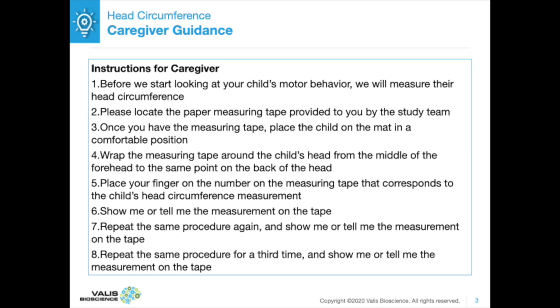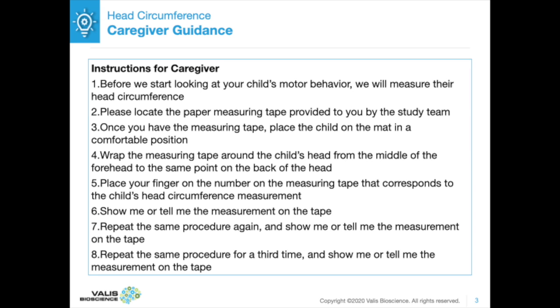During the remote visit for the CAN-informed study, you will instruct the caregiver on how to measure their child's head circumference. A study by Sullivan and colleagues in 2014 assessed the reliability of self, caregiver, and clinician measurements of head circumference. The results showed high levels of reliability of head circumference measurements by caregivers and clinicians, and strong concordance between caregiver and clinician measurements.